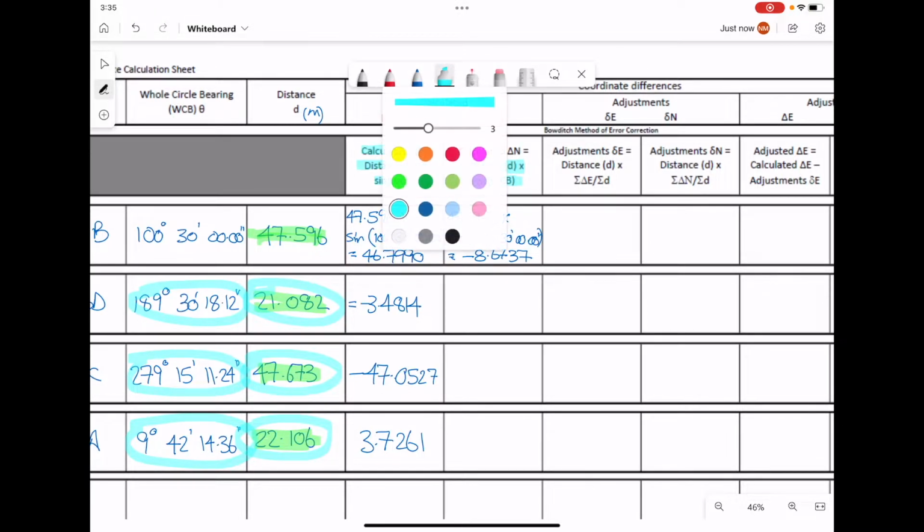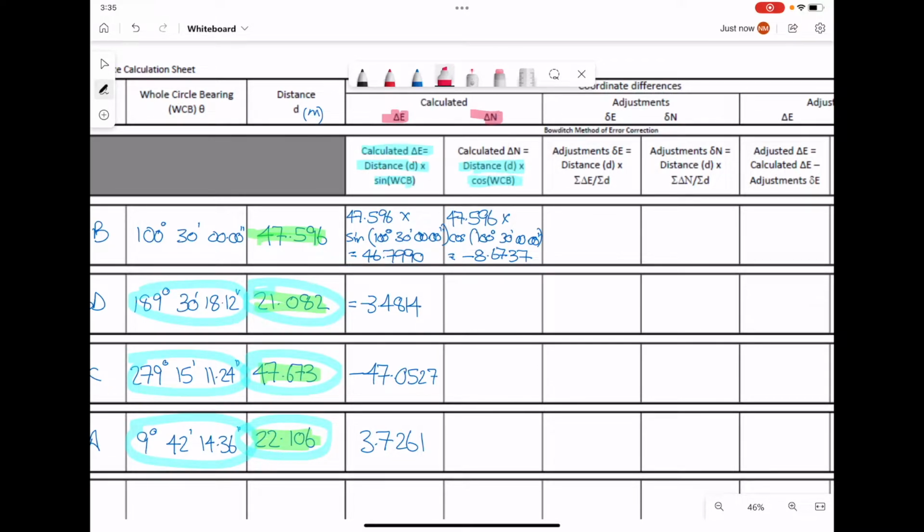Repeat for all the other cells in this column, again using the whole circle bearing with the corresponding distance. Careful, we're using the cos ratio rather than the previous sine ratio. So we have 3 sets of calculations to perform.